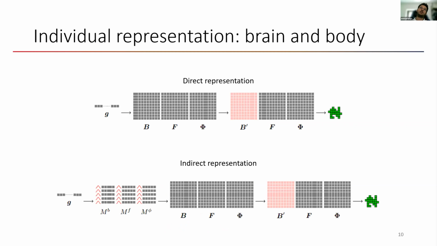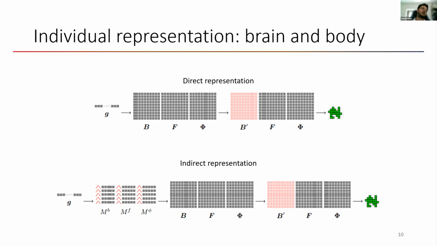Similarly, we have used the same representations also for the brain and body, but in this case, the genome also encodes the information for the body. We see here in this example graphical representation that the bodies can be expressed as a grid of values, and each entry indicates whether in that position the voxel is present or not.